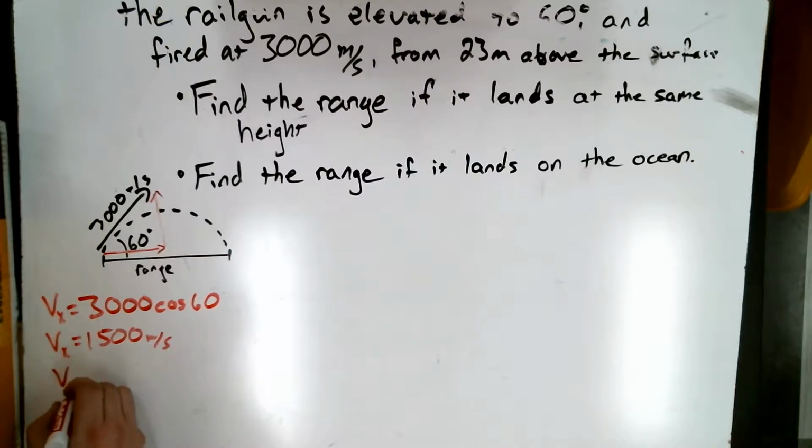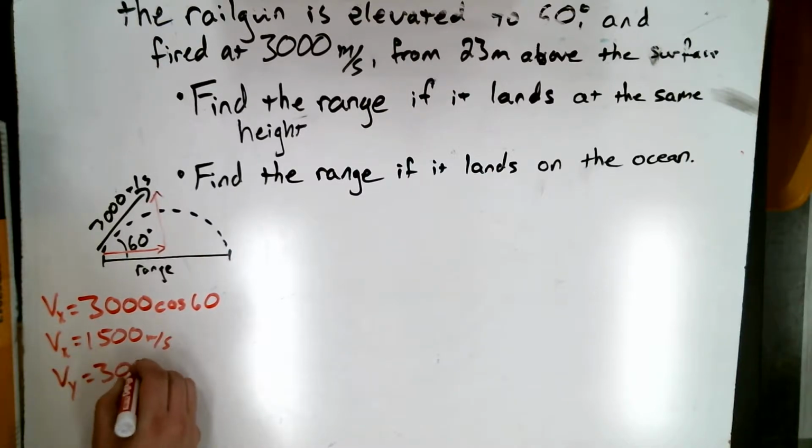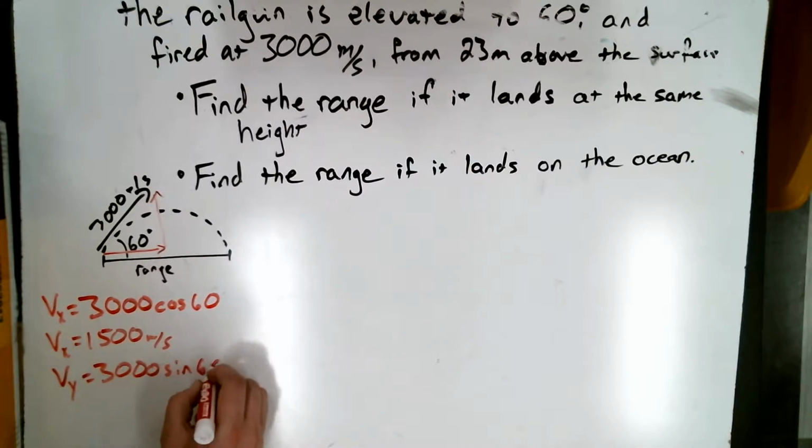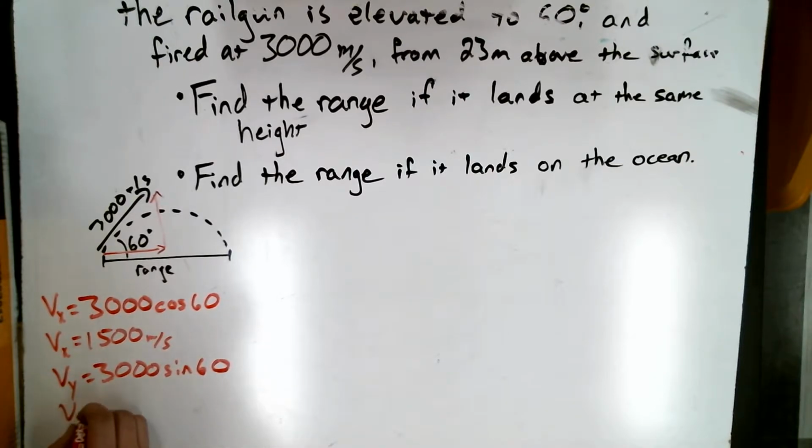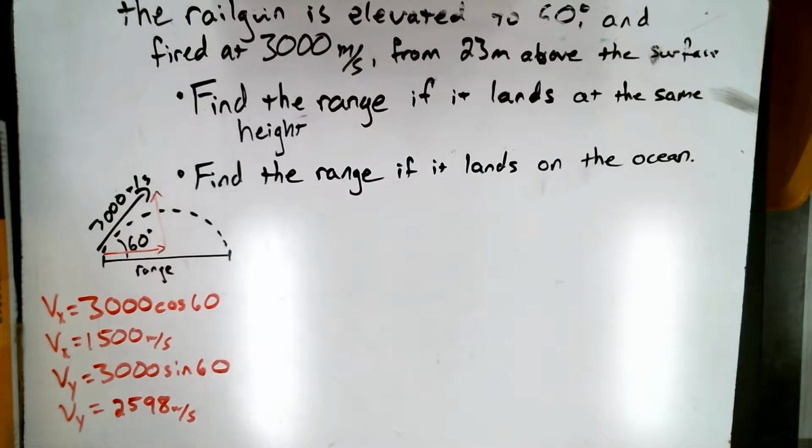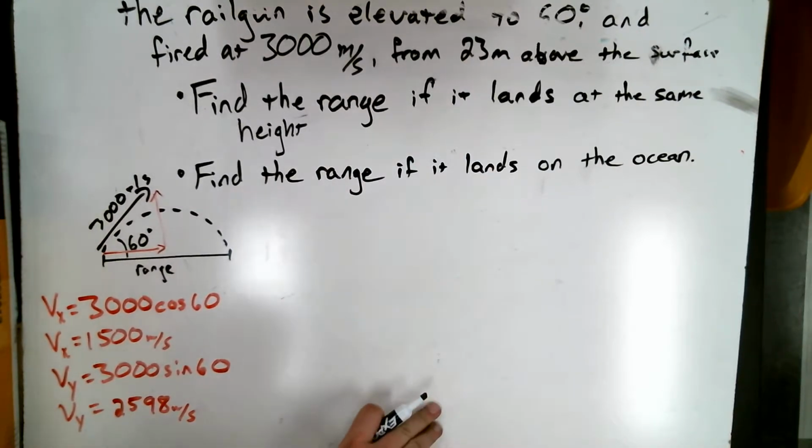And my velocity in the y direction is going to be 3,000 sine of 60. So that's going to be a much uglier number, 2,598 meters per second. Once I have this, this problem is handled the same way a horizontal launch is.